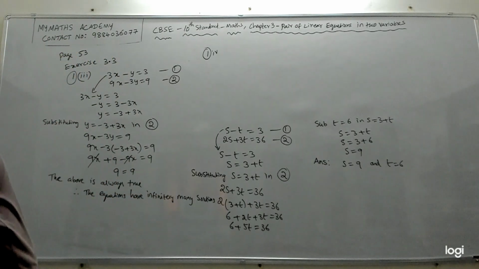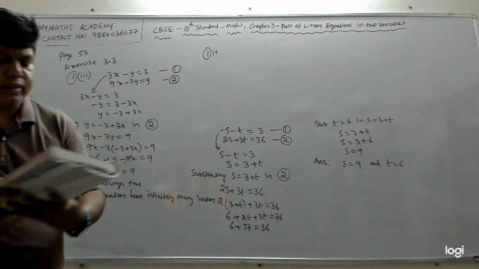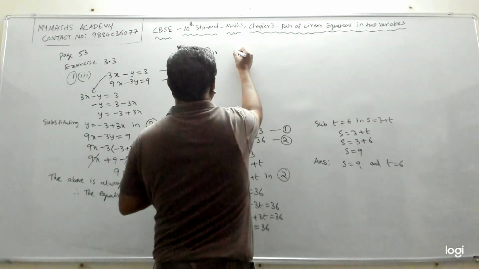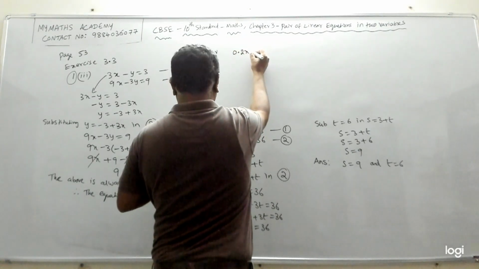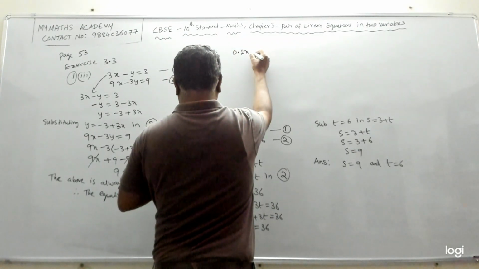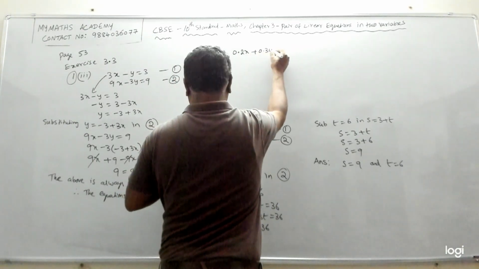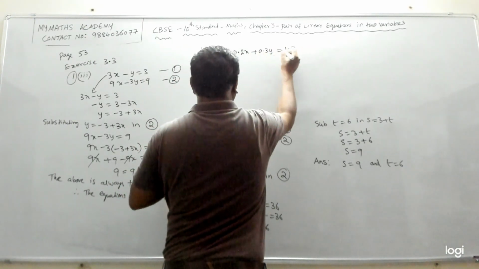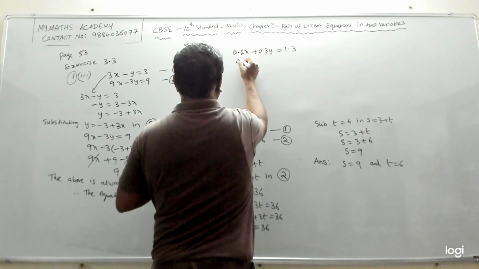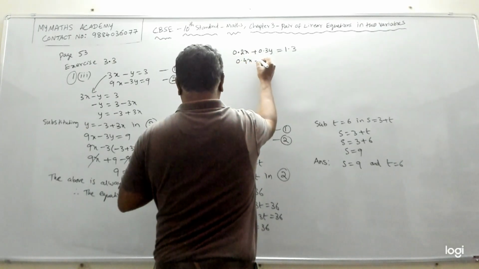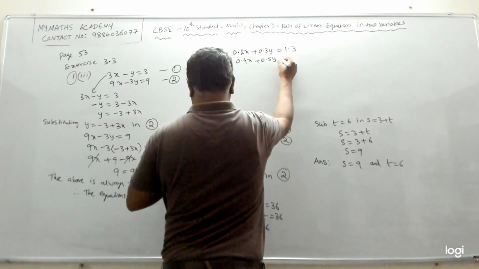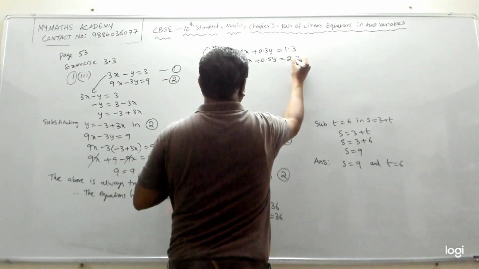What is the question? The question is 0.2x plus 0.3y equal to 1.3, 0.4x plus 0.5y equal to 2.3.